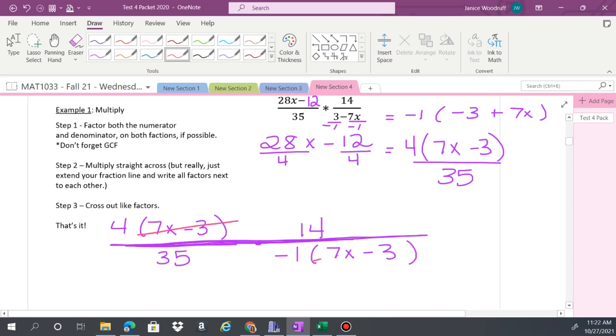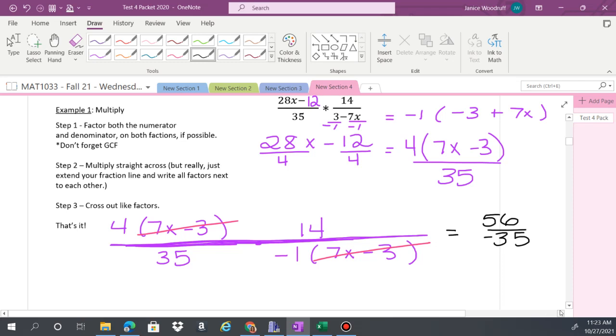Yes, they're both the same. So those are going to cancel each other out. And now I just have in the top 4 times 14, which is 56. Is it 56? 56. And 35 times negative 1, which is negative 35.